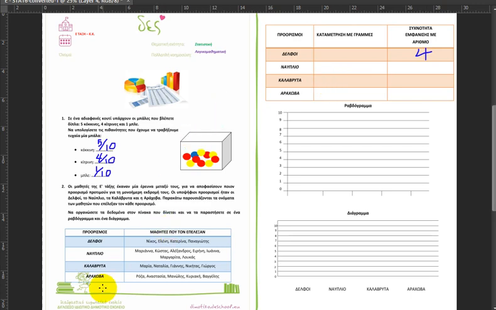Then the next one has 7. Then we have 5. And then we have 5. And we want to make this into a bar chart.